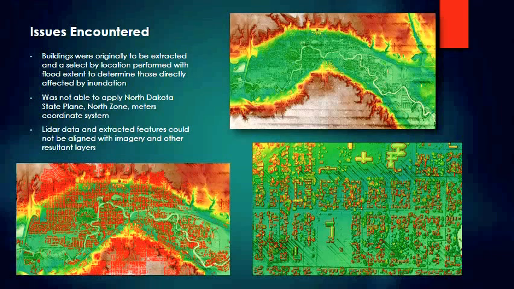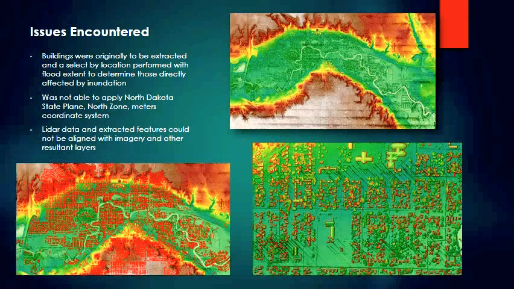I was unable to apply the North Dakota State Plane coordinate system directly to the LiDAR point cloud. I had assumed that selecting the next best coordinate system would work as long as I was able to project this data into a different spatial reference.